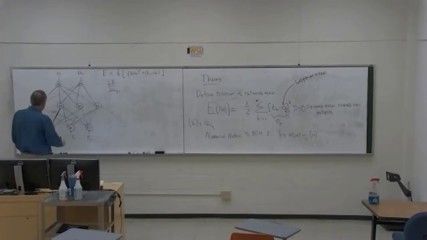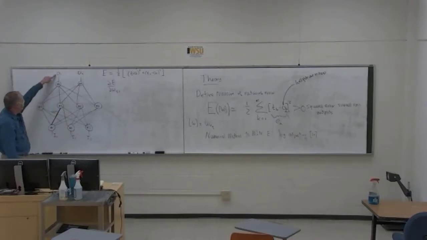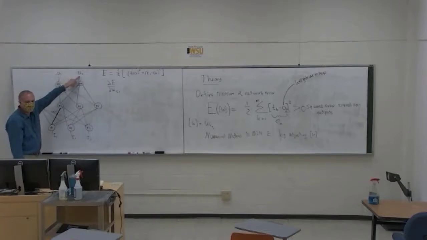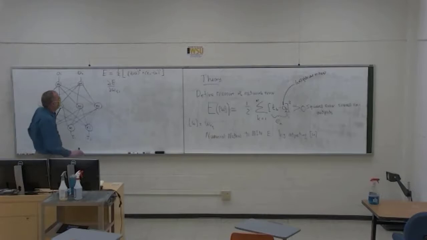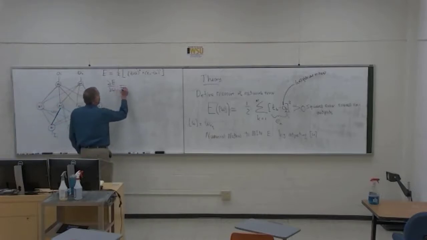Okay, where is W51 in that formula? One of the T's says O1 depends upon W51. Yeah. How about O2? Yeah. So that's the first derivative we get. We get 2 times 1/2, they cancel out.